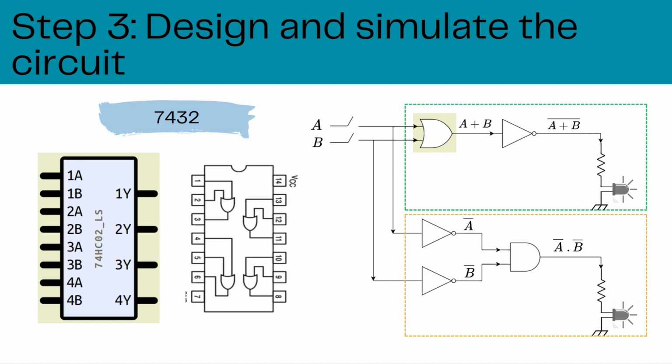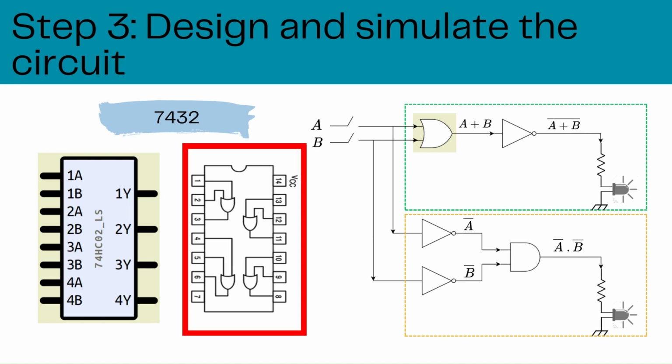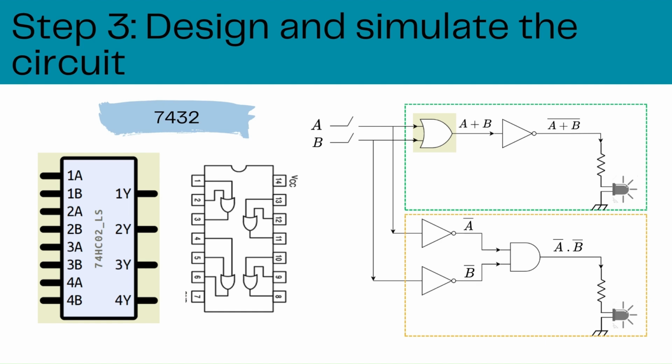Now, there can be ICs where other pin arrangements of these gates can also be found, like this one. Here, the OR gates are arranged in such a manner that if the two inputs are associated with pin 1 and 2, then the output will be produced from pin 3.